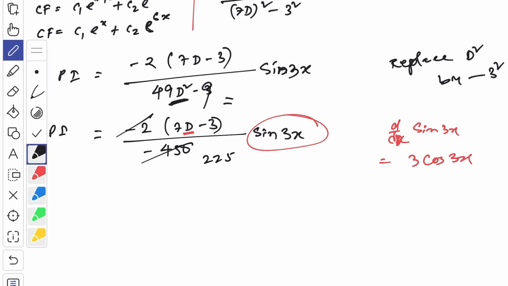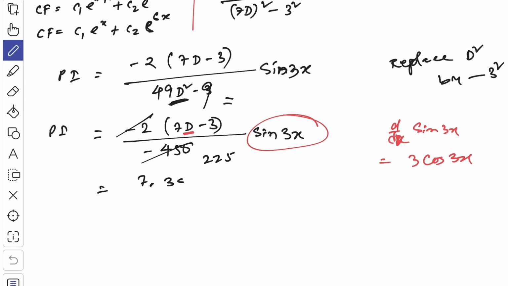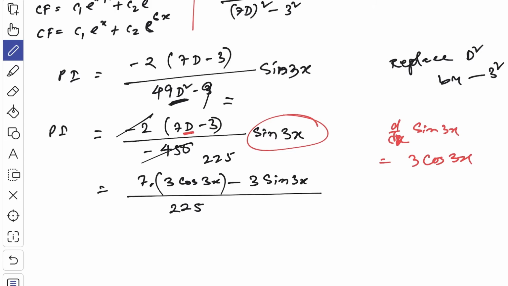So then our numerator becomes 7 into 3 cos thrice x minus 3 sine thrice x over 225, sorry, 2 to 5. So that's what we have got.